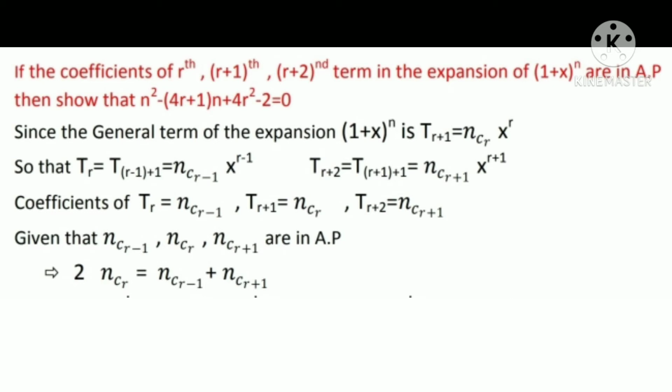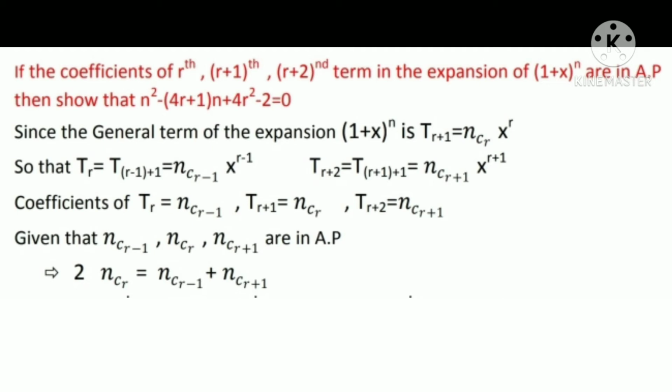Now we will write the formula of nCr. What is the nCr formula? n factorial by r factorial into (n−r) factorial is the formula. Apply the formula to the left and right side of the problem. Left side, nCr is n!/(r!(n−r)!).